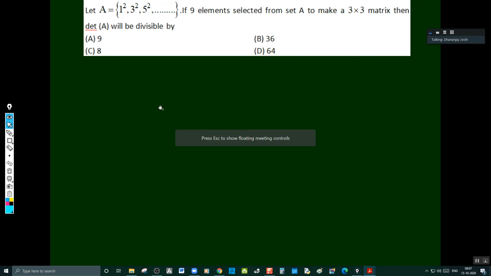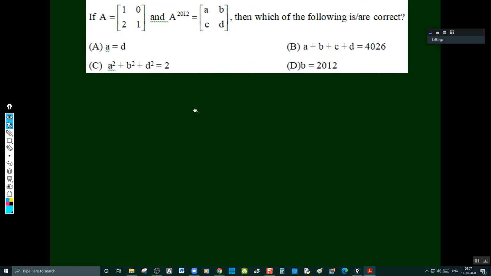ठीक है. A is equal to 1021 and A power 2012 is equal to ABC. Then which of the following is all correct? That's an easy one. You can do that. If you find out A square and A cube, I think you will understand. What is the relation? Come on, write A square there.